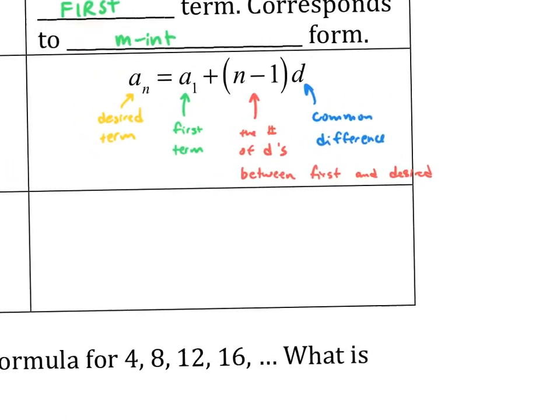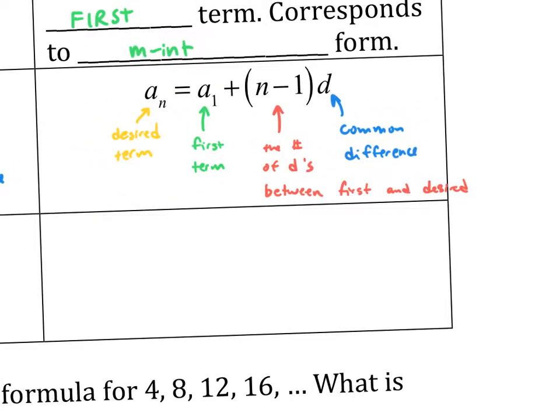So let's go ahead and substitute things in. a_n, I still don't know. My first term, though, is 26. I can plug that in, plus (n minus 1), and I forgot a plus there, times d, which is positive 13. Now I'm going to distribute that 13 into both of those terms.